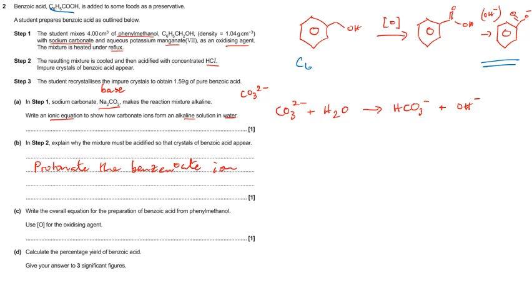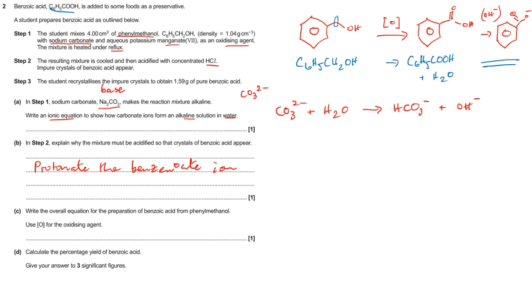Our alcohol, phenylmethanol, is C6H5CH2OH, and we're making benzoic acid, C6H5COOH. But we have got rid of these 2 hydrogens, the ones that were on that carbon there, and they turn up in a water molecule.